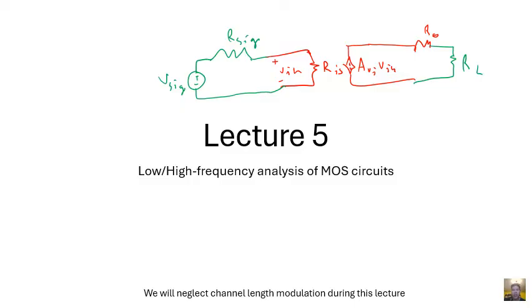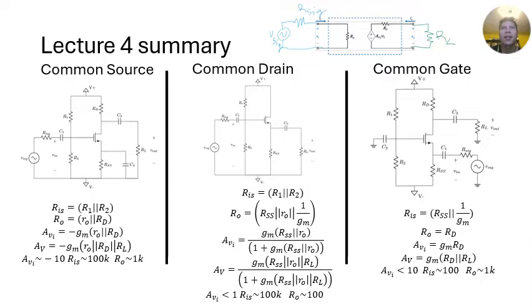So in particular, we studied three configurations. These were the common source configuration, and we derived what the input resistance was, the output resistance was, and the gain.